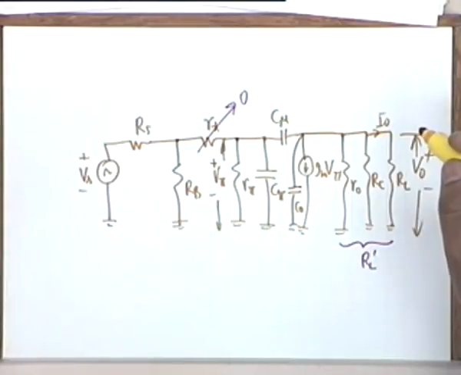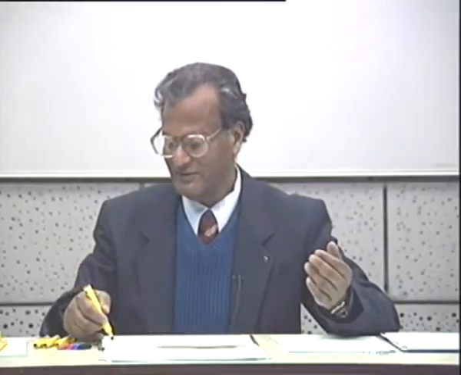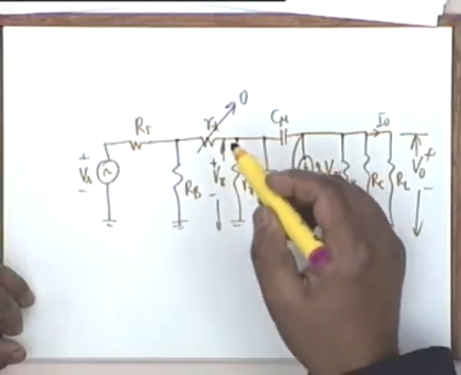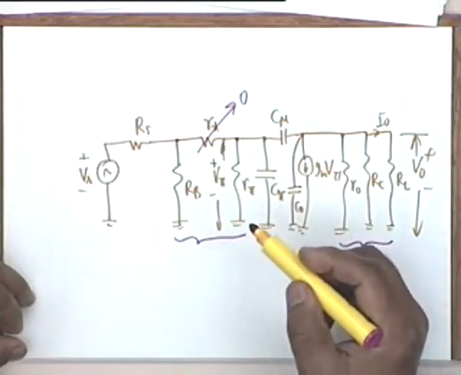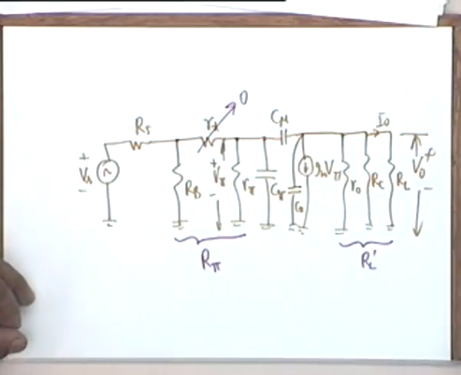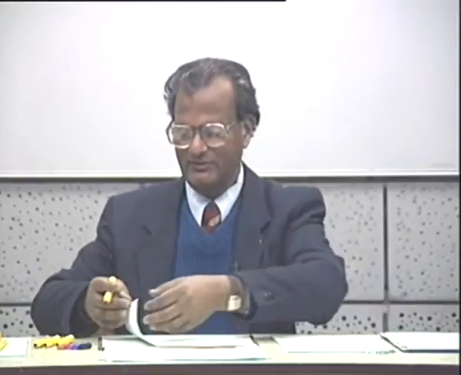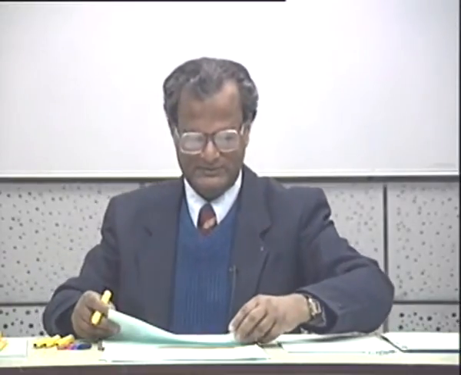We lose I0 thereby, but we can recover it if we know V0, I0 is V0 by RL. Okay. So RL prime is this resistance, and if Rx is ignored, then Rb and R pi can be included in a single resistance capital R pi. We have of course tacitly assumed that C1, C2 and CE go to infinity. Okay. With this simplification, our equivalent circuit becomes the following.